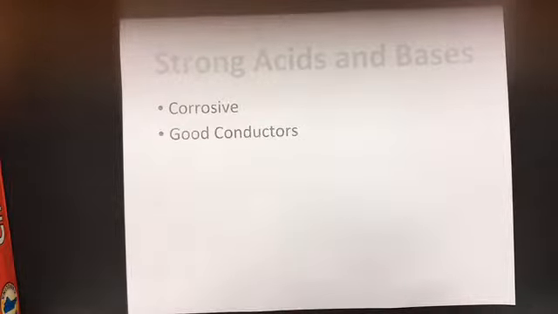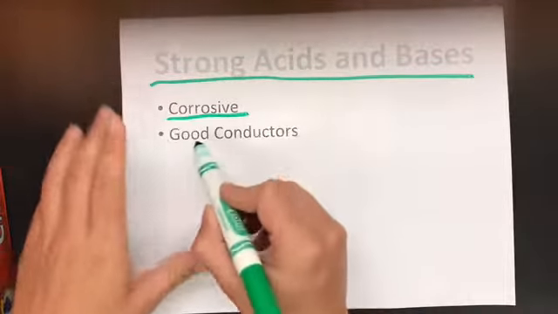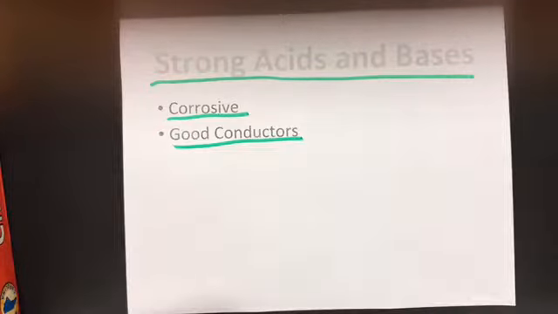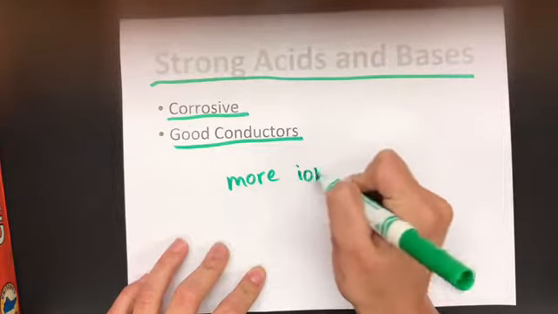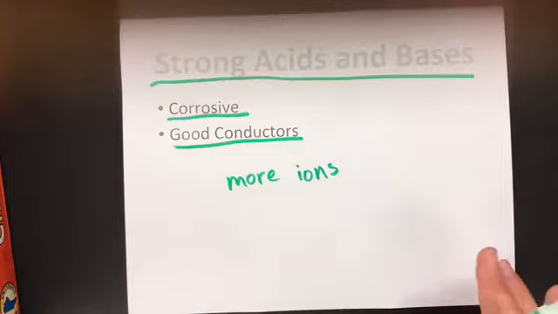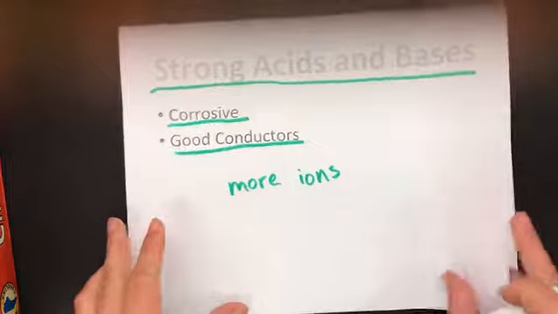Strong acids and bases are highly corrosive and they are extremely good conductors. The reason for that is because they produce more ions. The more hydronium or the more hydroxide ions they form, the stronger it is and the more corrosive.